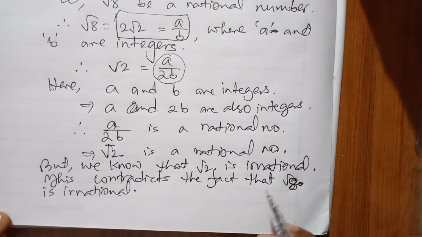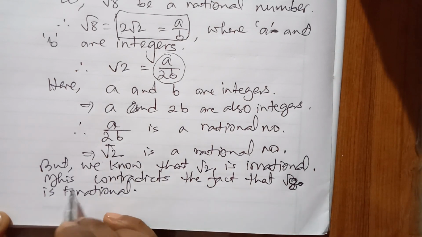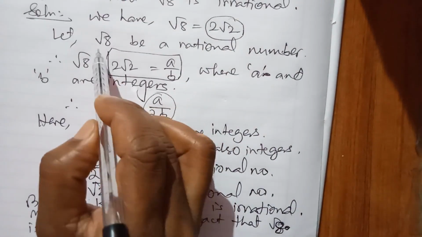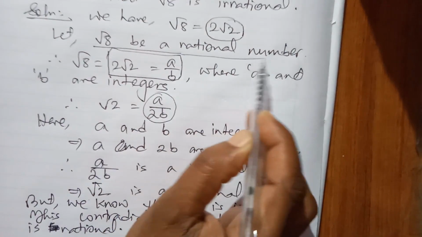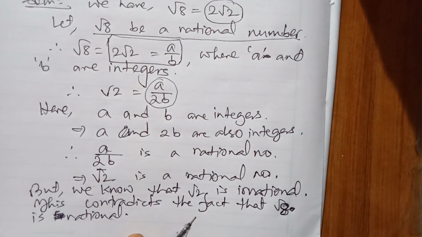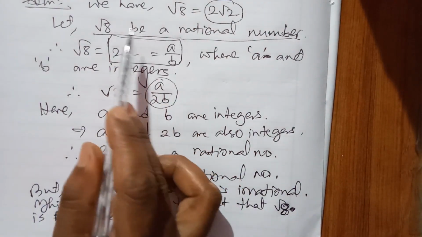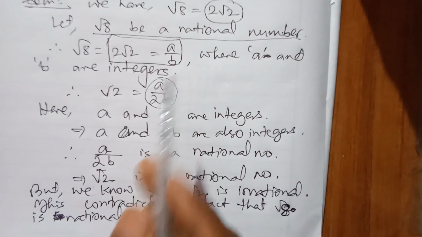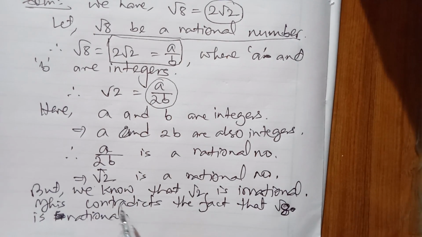This contradicts the fact that root 8 is rational, because our assumption in the beginning is that root 8 is a rational number. For that assumption, we are getting one impossible result at the end of the solution.